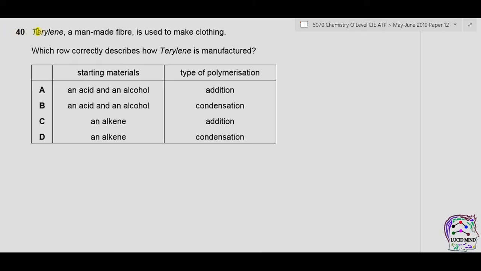Question 40. Terylene, a man-made fiber, is used to make clothing. Which row correctly describes how terylene is manufactured? Now you should know that terylene is made up of ester linkages, which can be represented like this. In an ester we have carbon double bonded with oxygen and single bonded with another oxygen. This is the ester linkage.